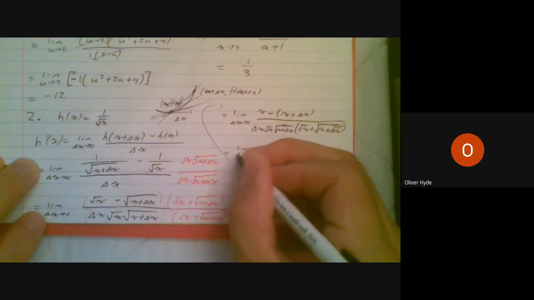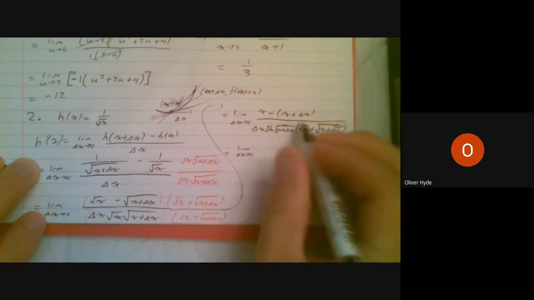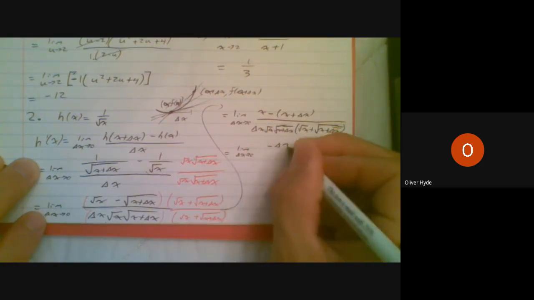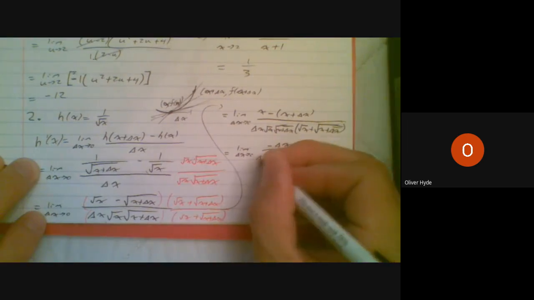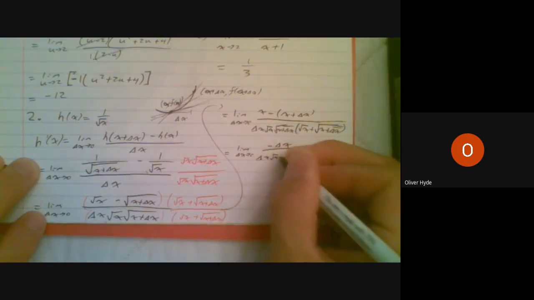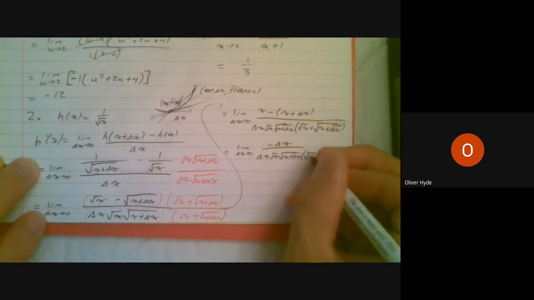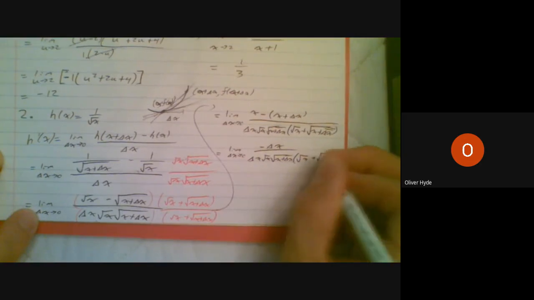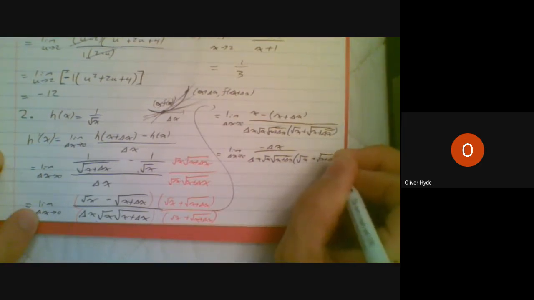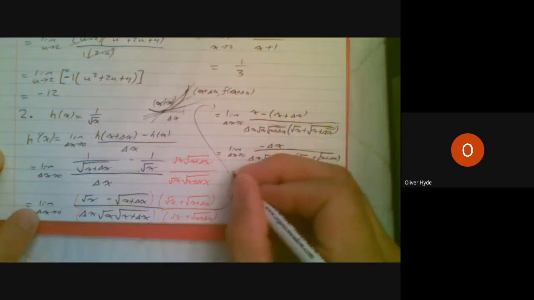Limit as delta x approaches 0. Numerator is going to have a factor of the opposite of delta x. One more time. Actually, maybe 2 more times with the denominator. Root x. Sorry, let me squeeze it in here. Show your determinate form.